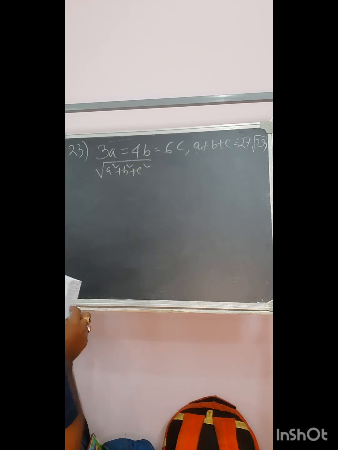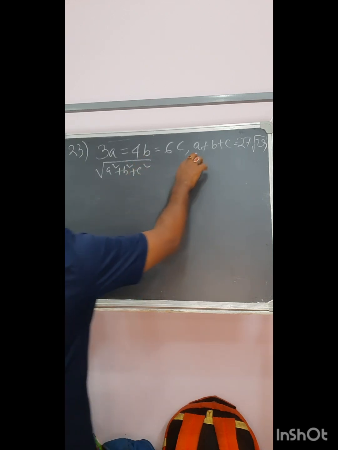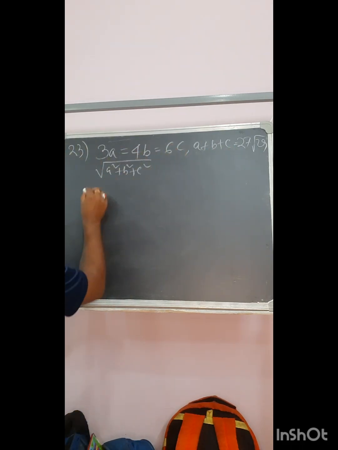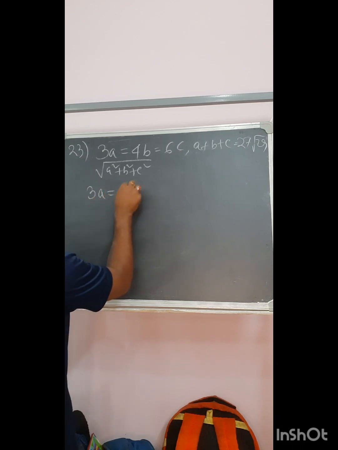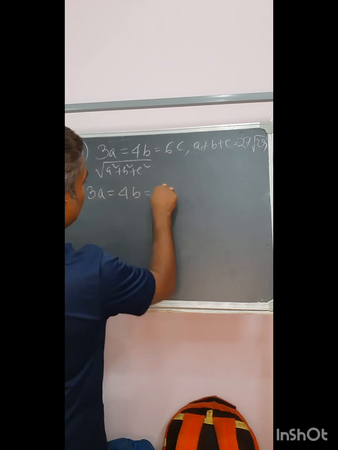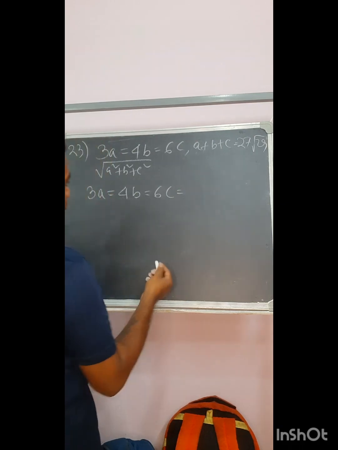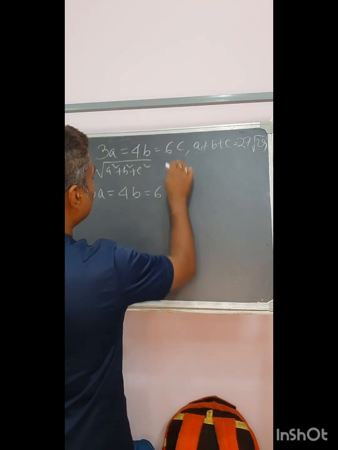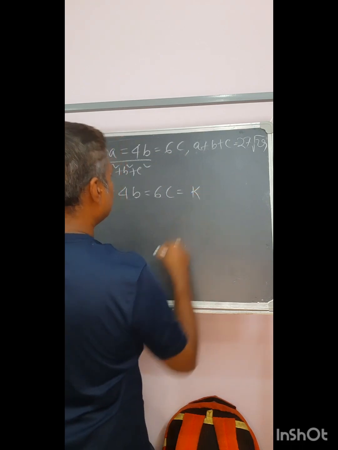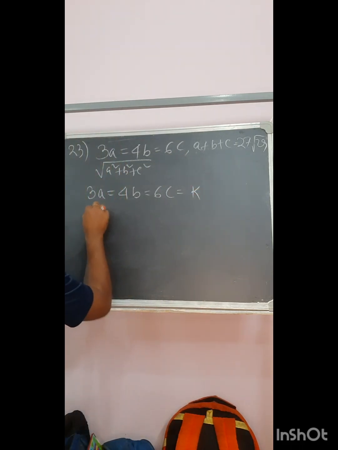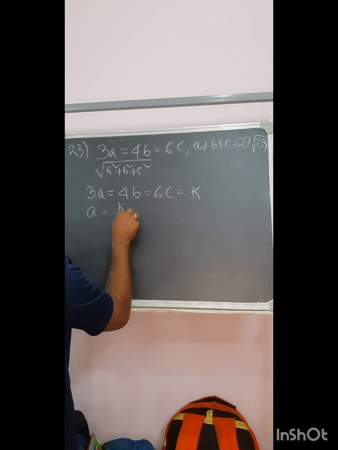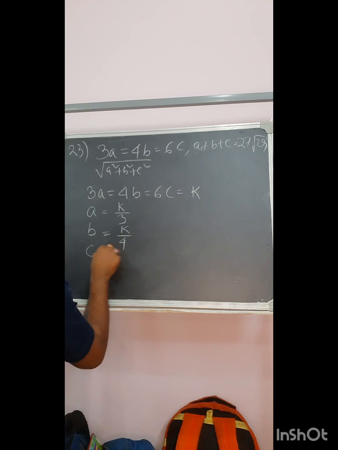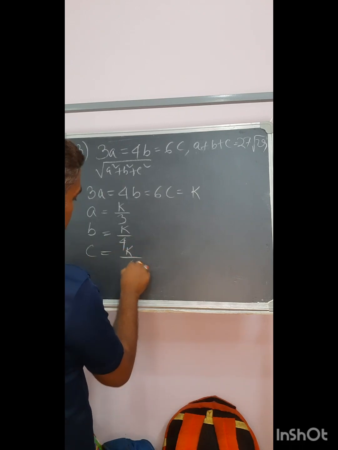Now as you can see, these are three variables, and they are related. So if I want to convert it into one variable, I take all of these equal to k, because all are the same. Accordingly, a will be k by 3, b is equal to k by 4, and c is equal to k by 6.